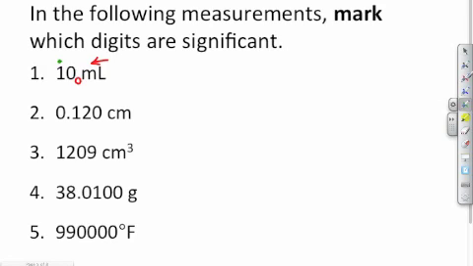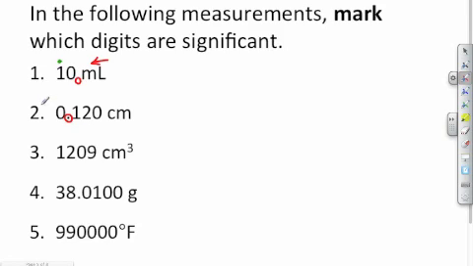Example number 2. We've got 0.120 centimeters. Alright, so which of these digits are significant? We notice that there is a decimal present in this measurement, and so decimal present, P, Pacific.